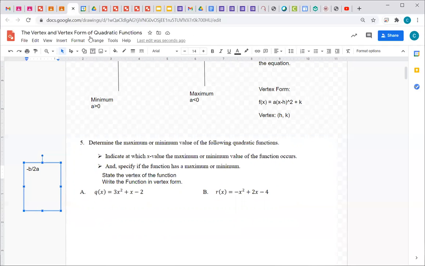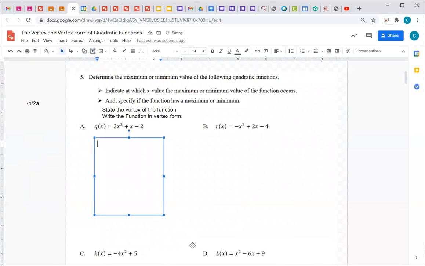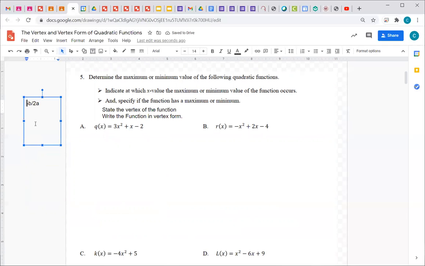And first we have to start here and say, okay, we could say h is equal to negative b over 2a. Right? And then k, the y value for the function, is we plug that into the function.